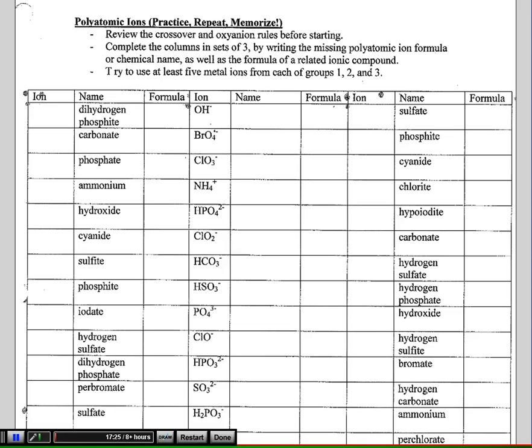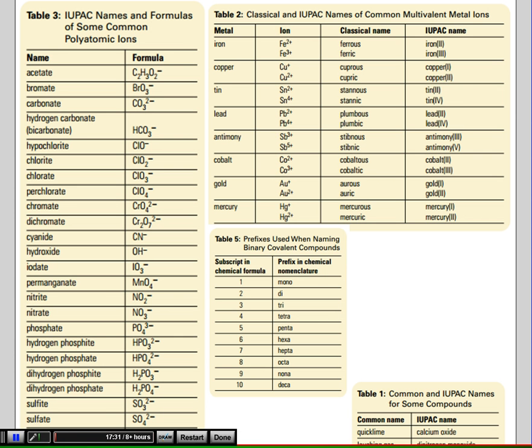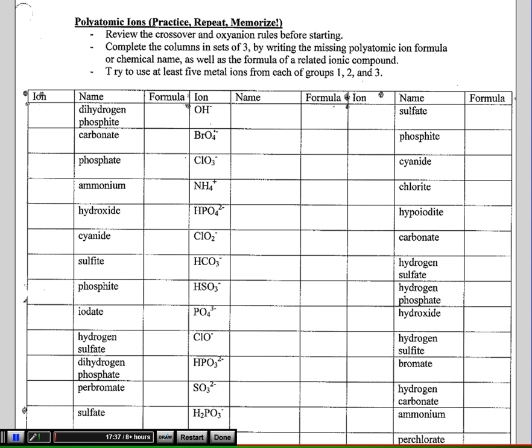Okay, I'll try to wrap up this section on ionic compounds. Before I go on, I just want to remind you again, you have this resource, Table 3, which is in your textbook, and you have that in your handout. I've also given you a worksheet which I created last year. I found that there are so many polyatomic ions, and sometimes students think they have to memorize them all, but keep in mind that there are ways we can predict the chemical formula as long as we've memorized a core of parent ions.